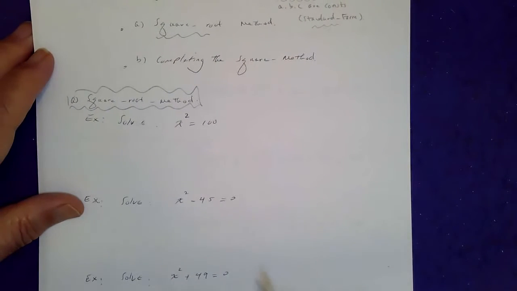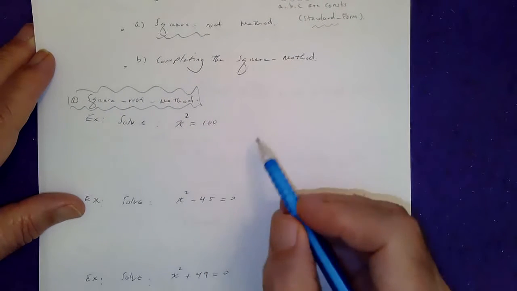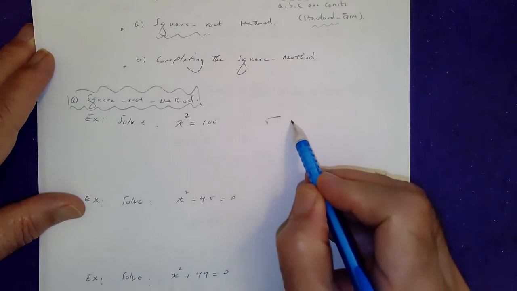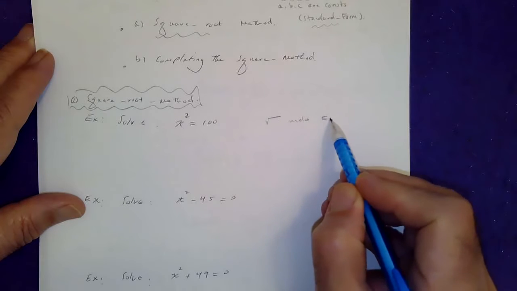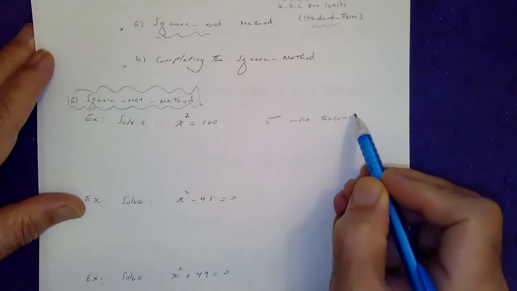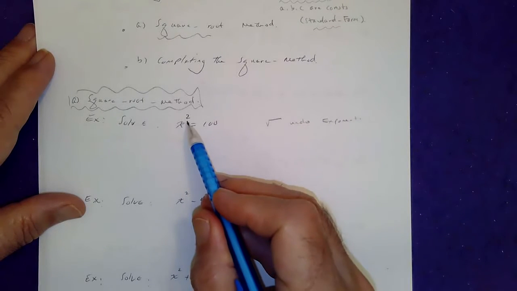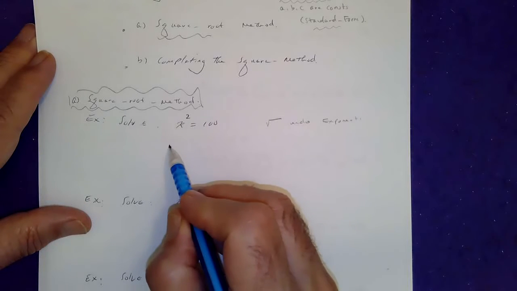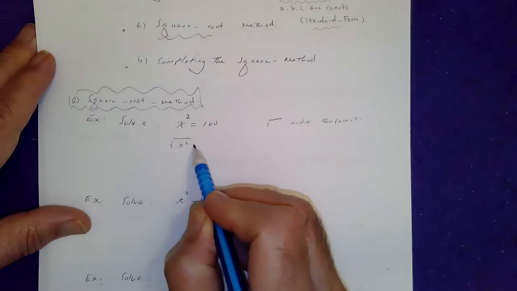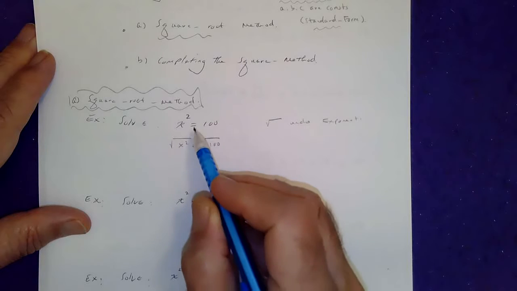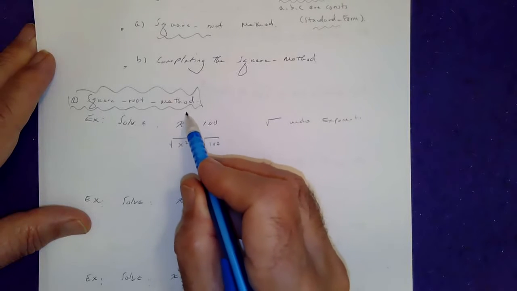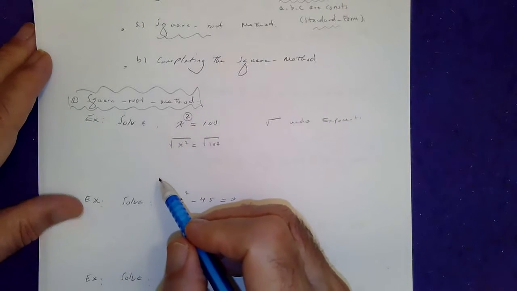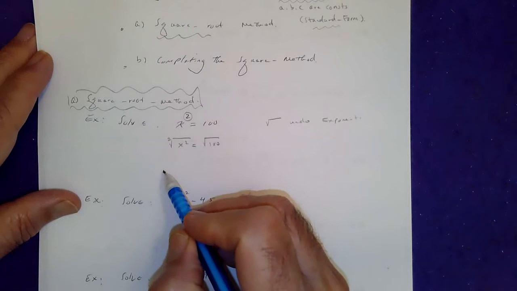Square root method goes as follows. Remember, radicals undo exponents. Is that right? So to get rid of the power of 2, I'm going to take the square root of both sides. Why do I take the square root of both sides? Because x has a power of 2, and the square root has an index 2.